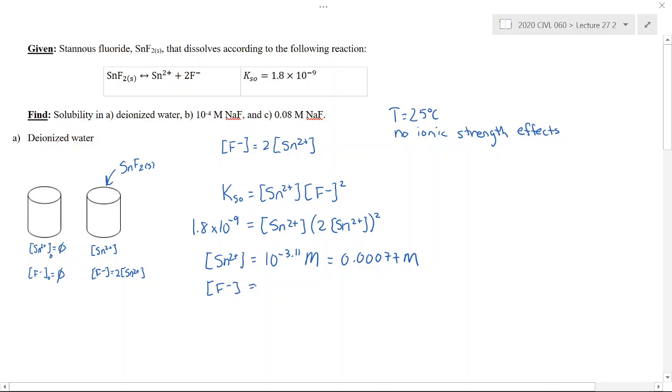The problem's asking for solubility, which I'm going to take to be the stannous concentration, but I'll solve this as well. And this is 2 times the stannous. So I have a value of 10 to the minus 2.81 moles per liter.